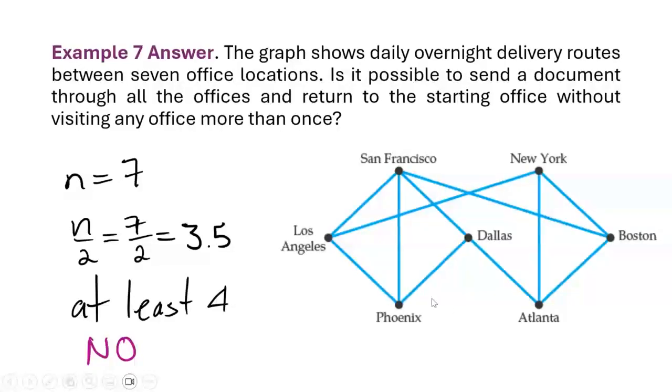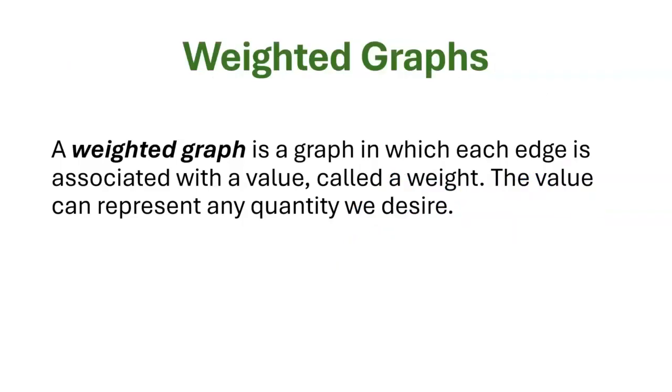Actually, all of the cities are of degree 3, except San Francisco is the only one that has 4. Remember that when we say at least, it means 4 or more. So it could be 4 or 5 or 6 or 7. Anything that is less than 4 doesn't help you to find one of these paths that travel through all of the vertices.